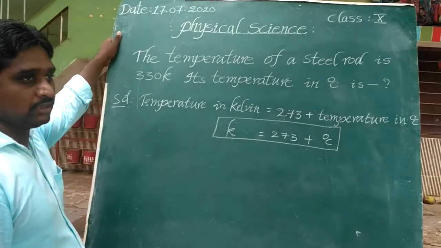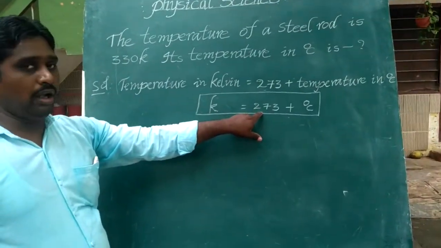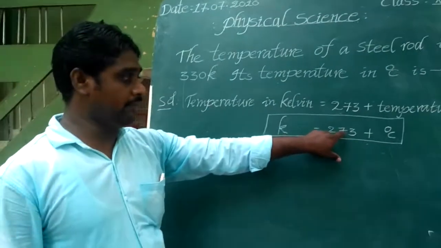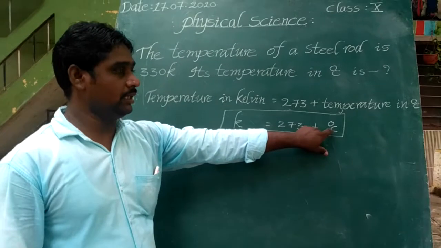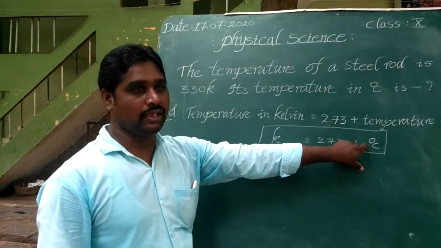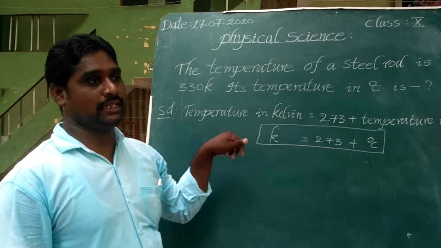That is, the value 273 is added to the temperature in degrees Celsius, and we will get the answer, the temperature on the Kelvin scale.